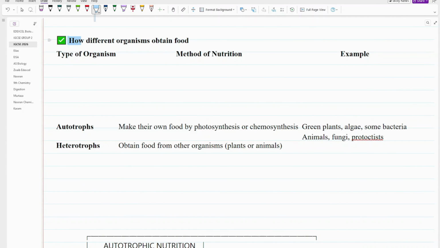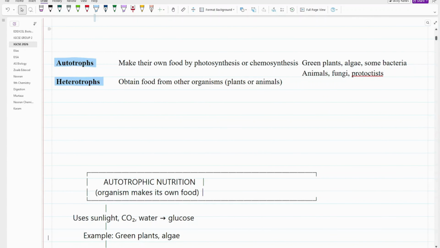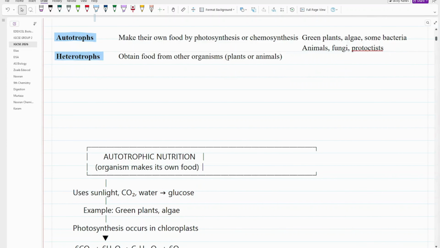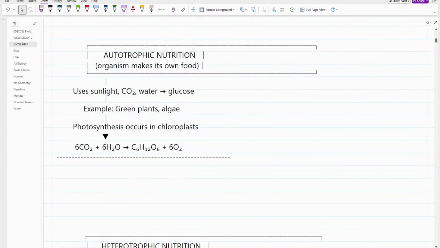Now the same question, how do different organisms obtain food? You know, the organisms can be autotroph or heterotroph. We previously have talked about it. So let's see a flow chart about autotrophic mode of nutrition and heterotrophic mode of nutrition. First of all, let's see about autotrophic mode of nutrition. It happens in plants.